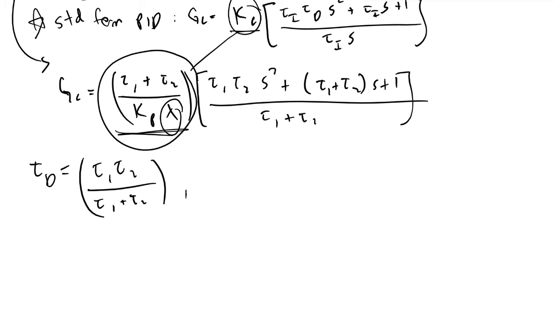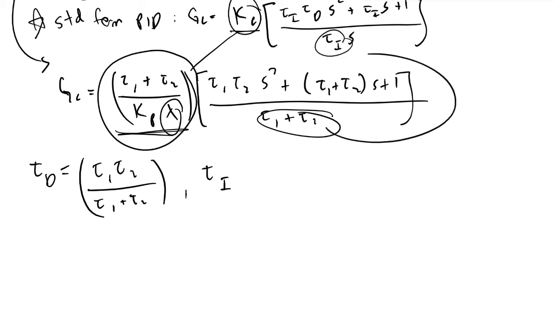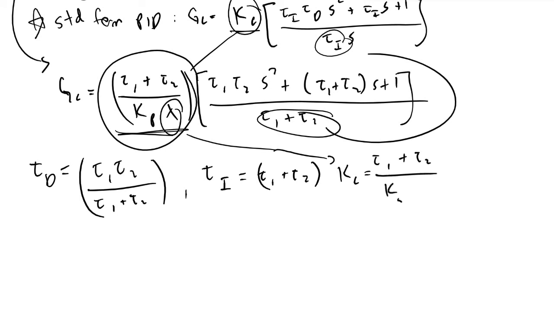We also see that tau I should be equivalent to tau 1 plus tau 2. And finally, our controller gain Kc is very straightforward: it is equal to tau 1 plus tau 2 over Kp times lambda.